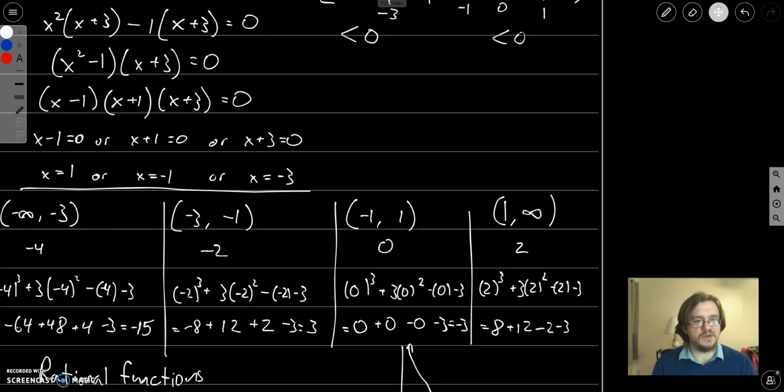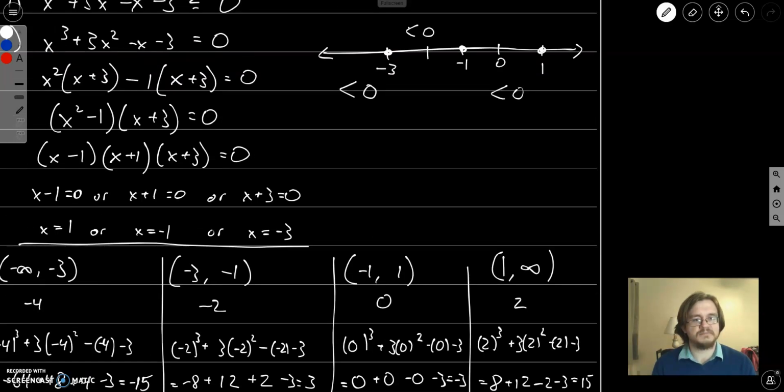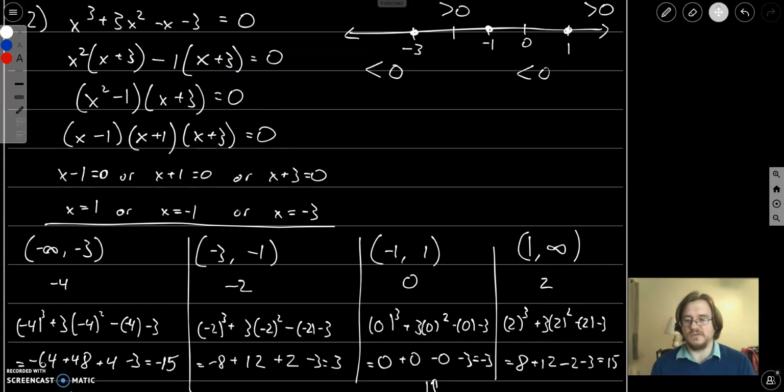This will be 8. Plus 12 is 20. Minus 2 is 18. Minus 3 is 15. So we are again positive. So we go from negative to positive to negative to positive.